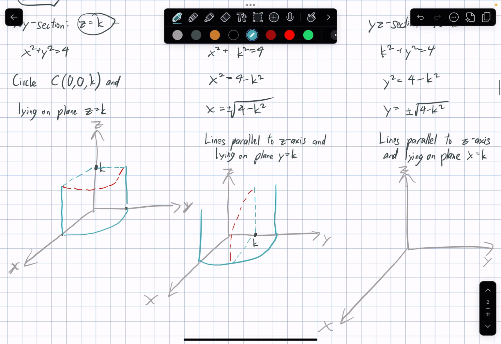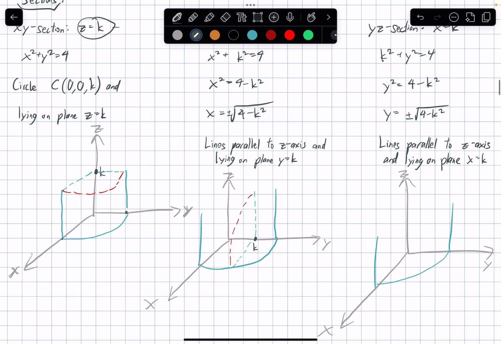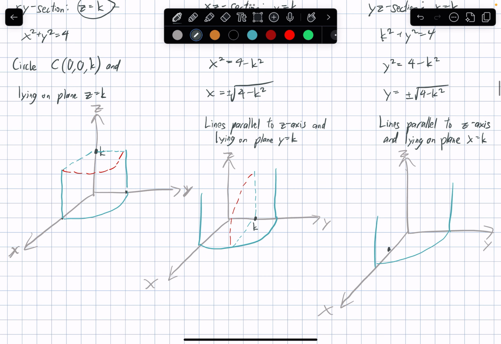Okay. We draw the basics again. The bare minimum. Traces. X is equal to k. X is over here. So this is k. Parallel to the z-axis, parallel also to the y-axis.